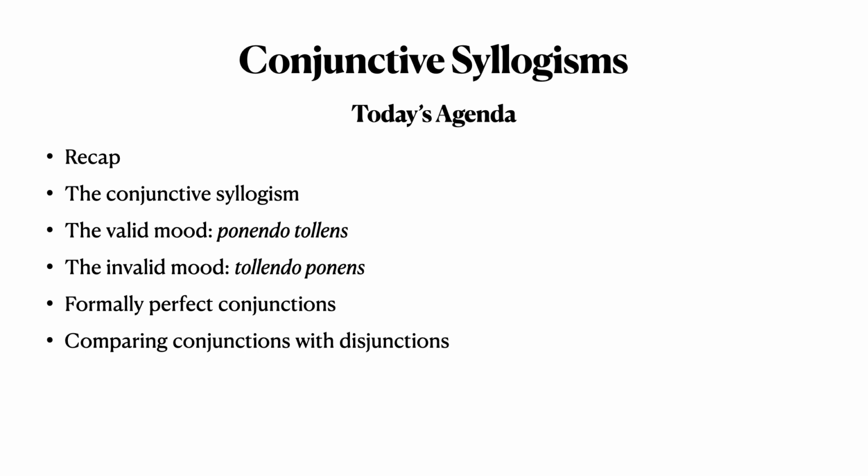I'll tell you about the right way to do it, the valid mood, ponendo tollens, and then we'll talk about how not to do it, the invalid mood, tollendo ponens, or at least that's usually not the way to do it. We'll talk about a special case of formally perfect conjunctions, and then conclude with some comparisons between conjunctive syllogisms and disjunctive syllogisms. And what we're going to see is that they're essentially mirror images of each other.